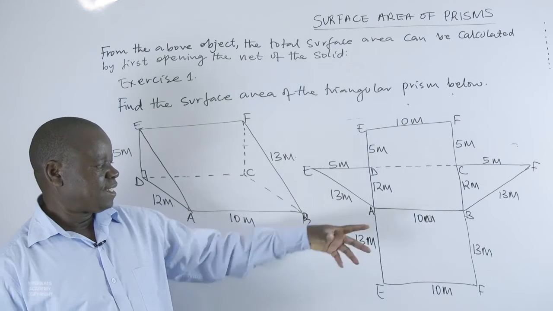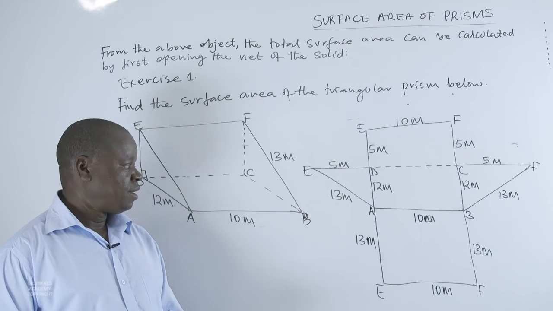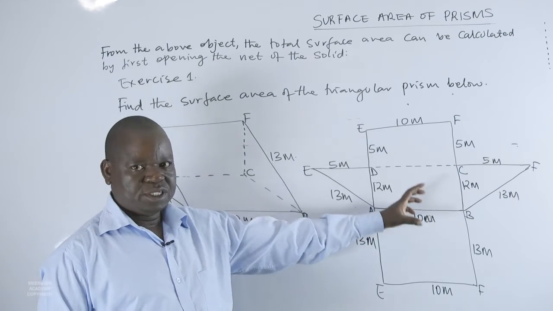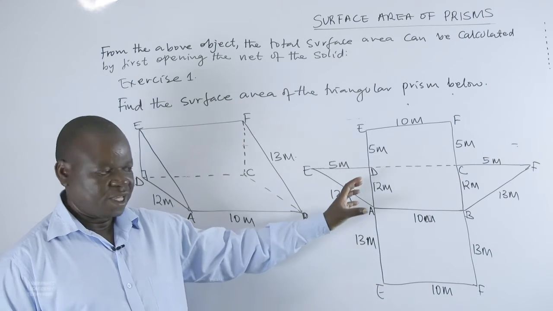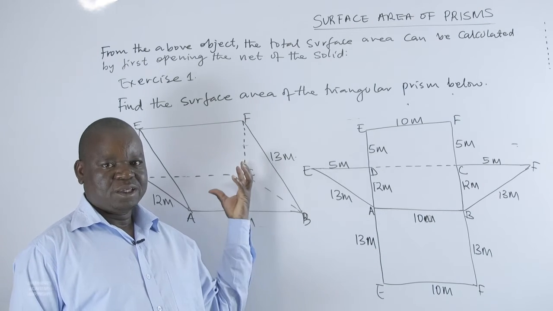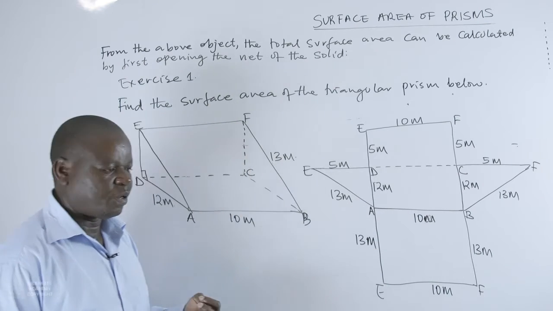So you can see this is the net of our object, and we can now use the formula for finding the areas of the surfaces of the figures to find the total surface area of our prism.